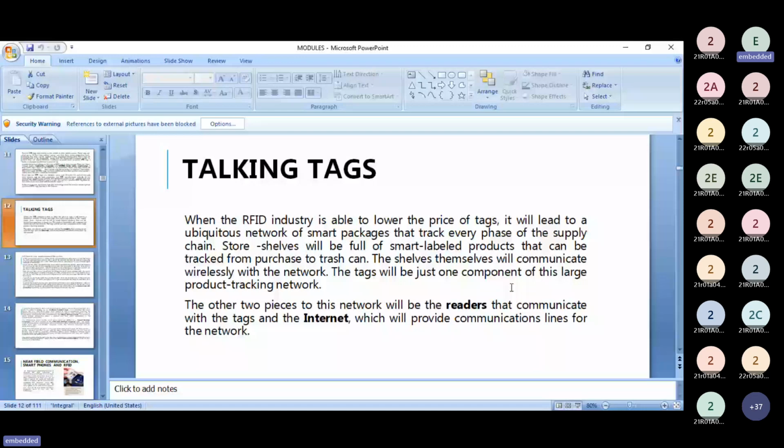The shelves themselves will communicate wirelessly with the network. The tags will be just one component of this large product tracking network. The other two pieces will be the readers that communicate with the tags and the internet, which will provide communication lines for the network.